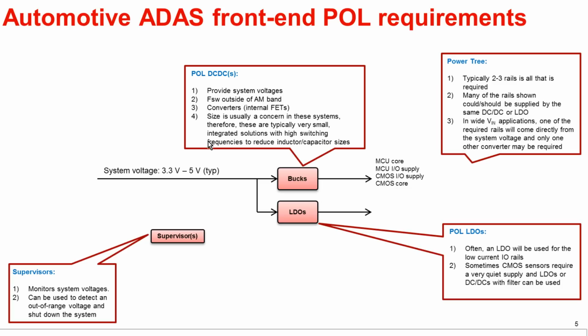And generally, the switches are above the AM band at higher frequency. The multi-phase solution is preferred, interleaving is preferred, and size is usually a concern in these systems. Therefore, typically they are very small integrated solutions, of course with high switching frequency and with very small inductor and capacitance sizes.